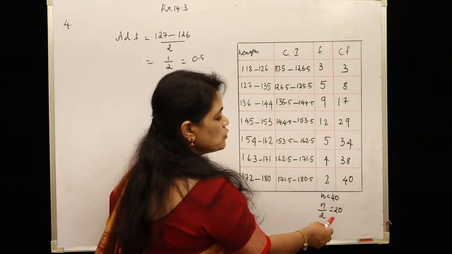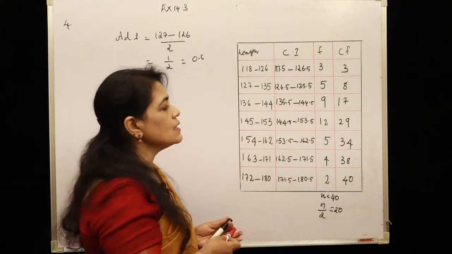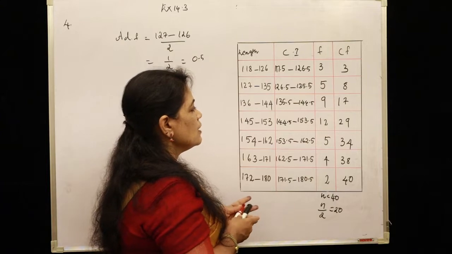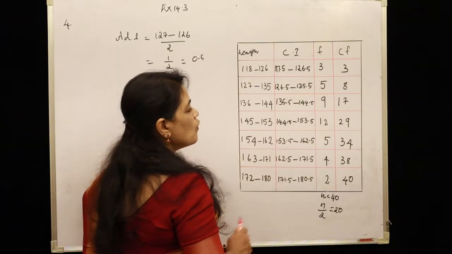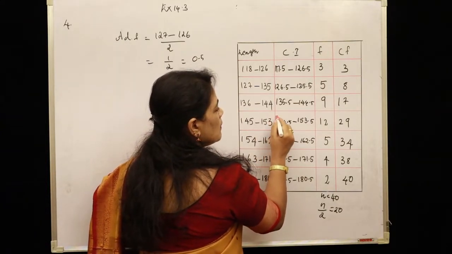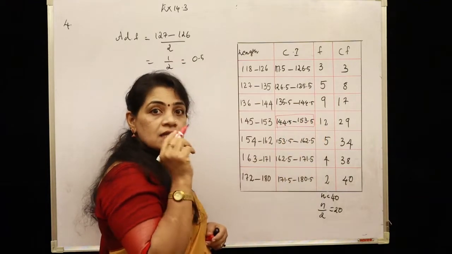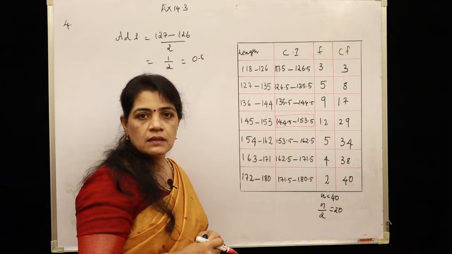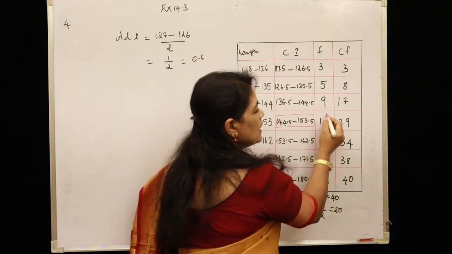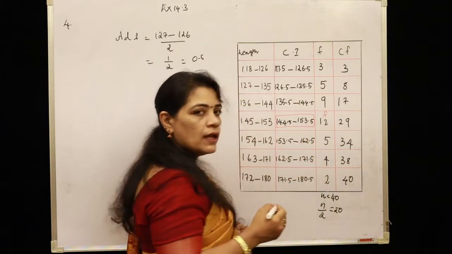With n by 2 being 20, just greater than 20 is 29. That means 144.5 to 153.5 is the median class, and the frequency of the median class is f, that is 12.